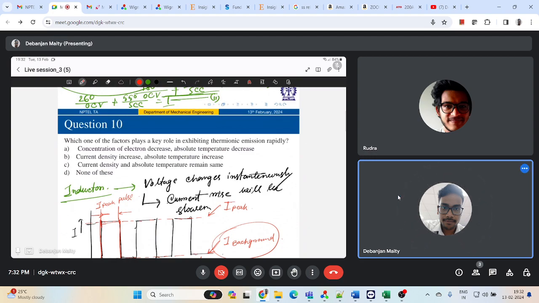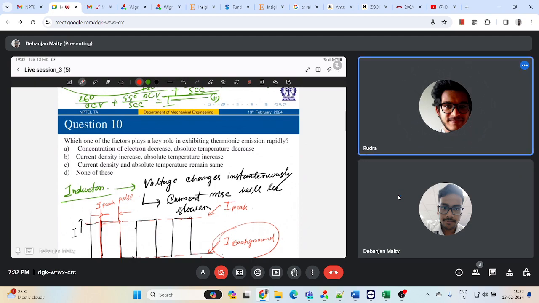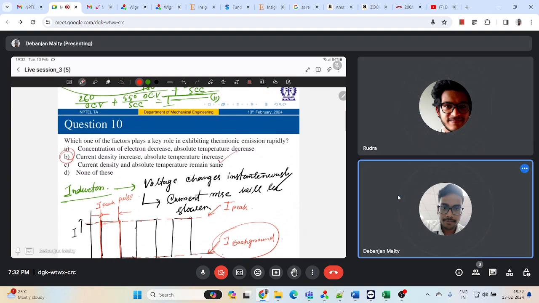Which one of these? Electron emission. Current density increase, absolute temperature increase. B. Yes, B, current density will increase. Correct. So B is correct.